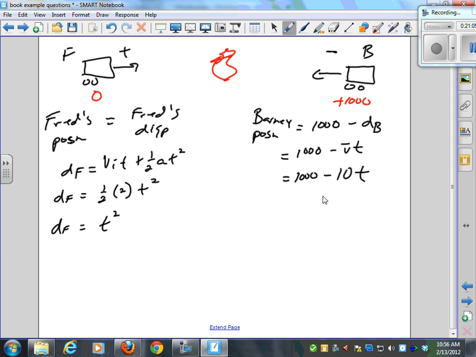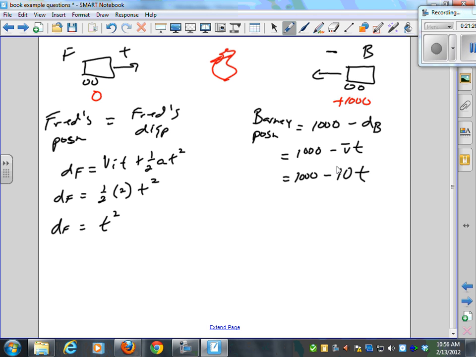Okay, this is a system of equations. You've got two equations here. You've got dF equals half of 2 t squared, and here I've got the same position is 1,000 minus vt. So these two things are equal to each other.